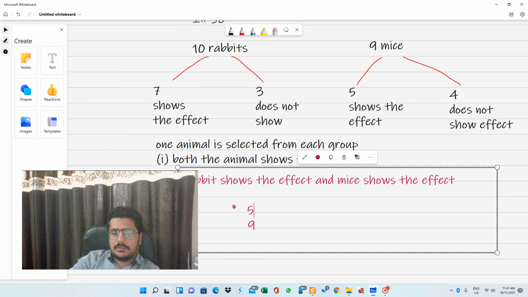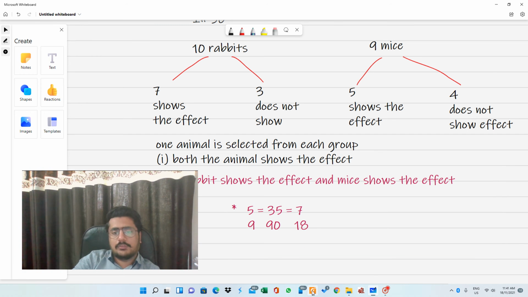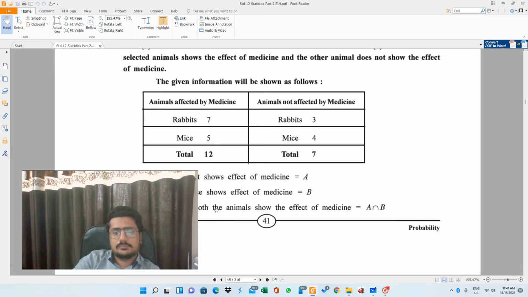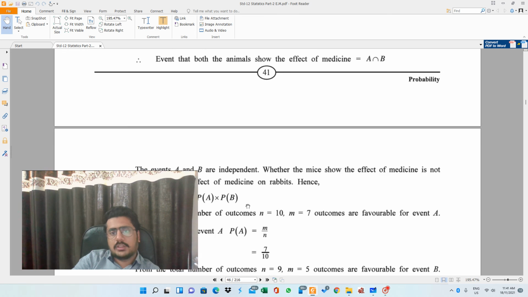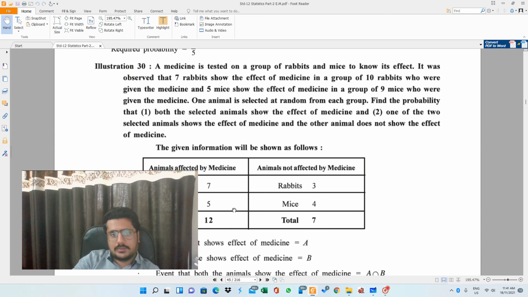So here the answer will be 35 upon 90. This is the answer for both the animals showing the effect. This is obviously an intersection because both are showing the effect, or else you can write the direct answer.